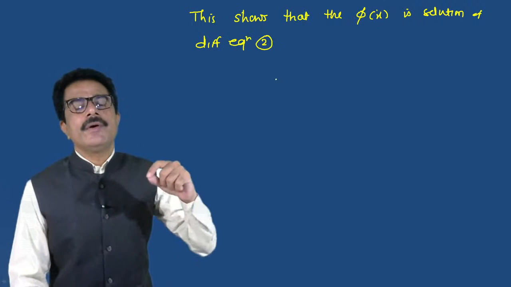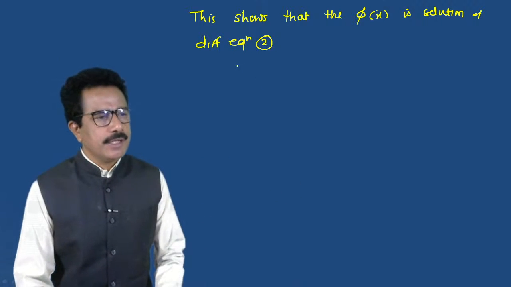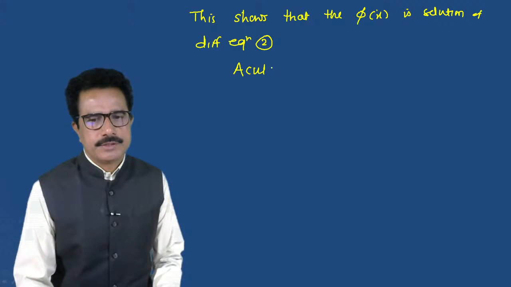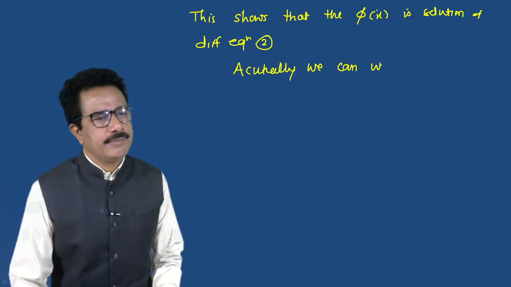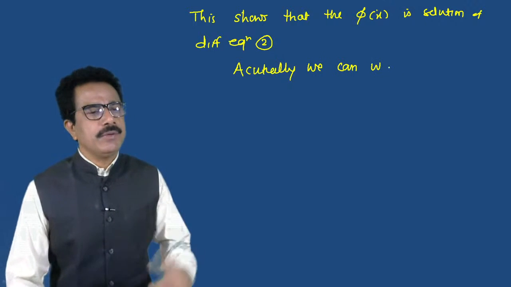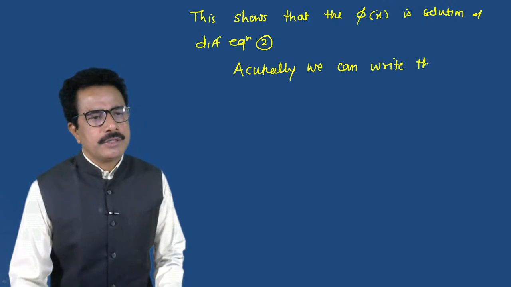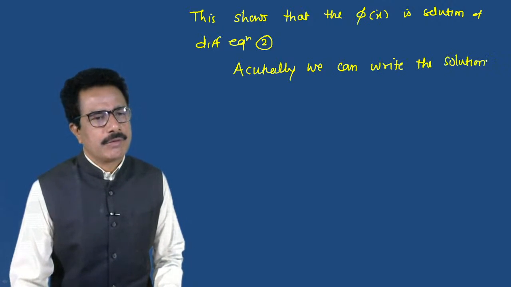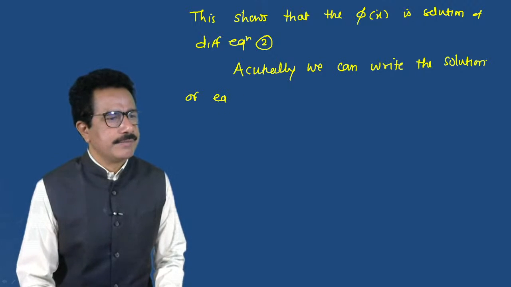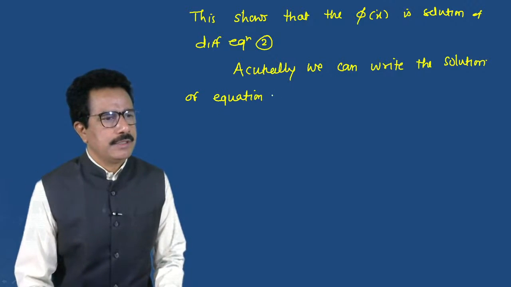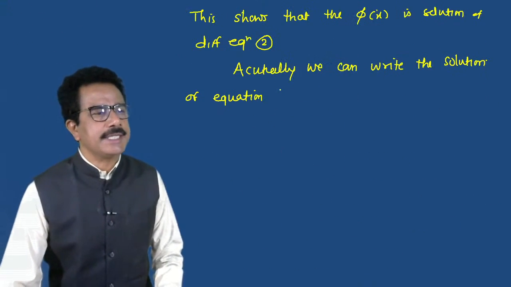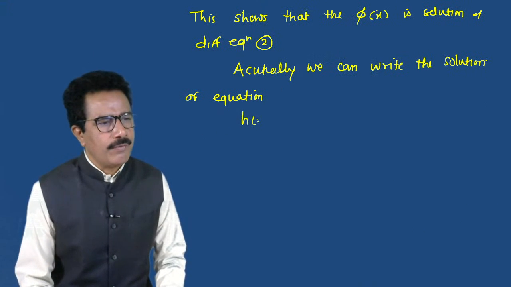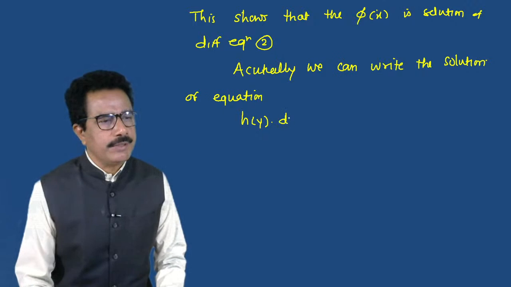Now, in practice we can write the solution of equation 2 in the direct integration form, h of y into dy equals g of x dx.